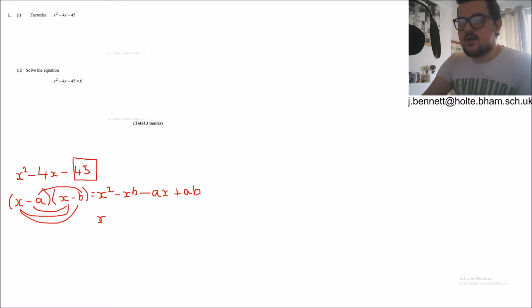So we have x squared. If we bring this x, this x and this x out as a common factor, we have minus x, b plus a, and then we have ab. We have two numbers that multiply together to get this last number and add up to get the middle number.